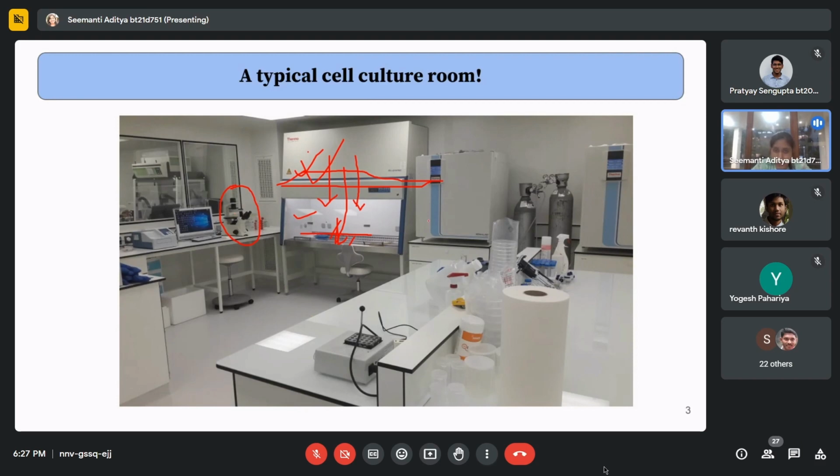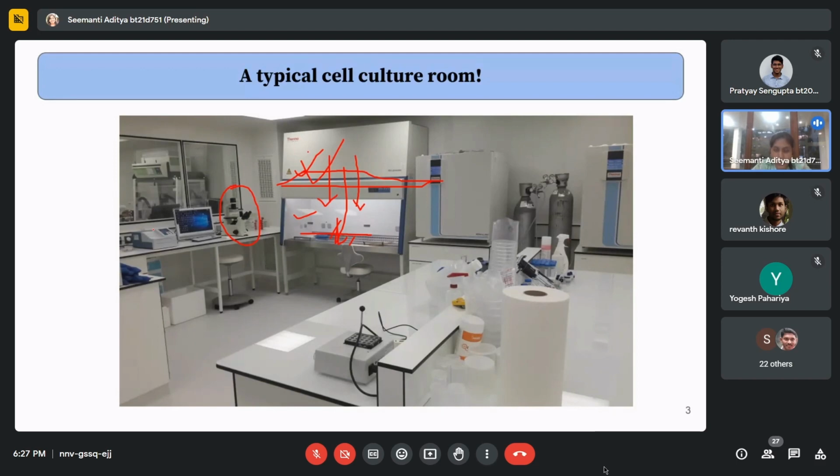Apart from this, we have all kinds of other things: centrifuge, vortexes, cell counter. What the cell counter does is you take some amount of media or some amount of cells in a cube, put it inside the cell counter, and it counts how many cells there are in your sample per ml or per microliter.